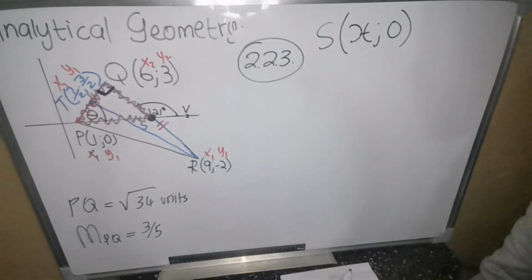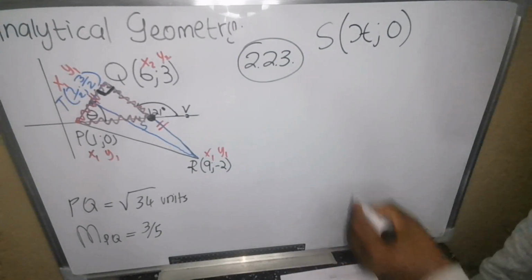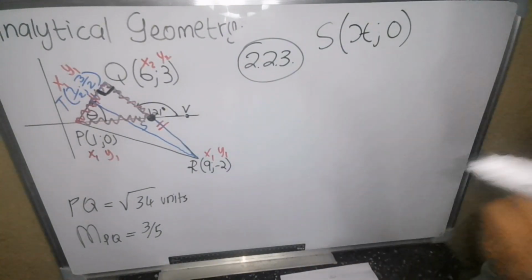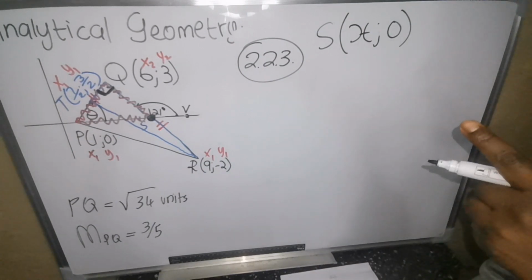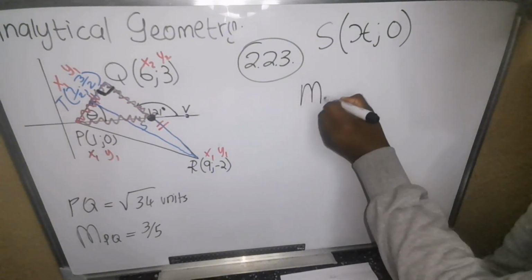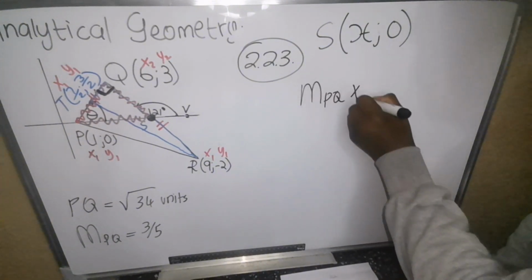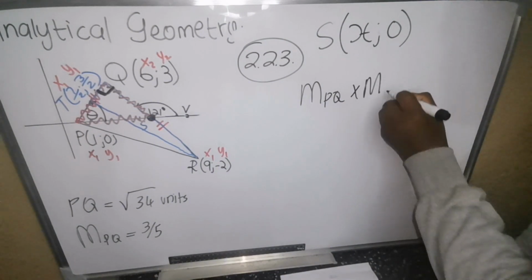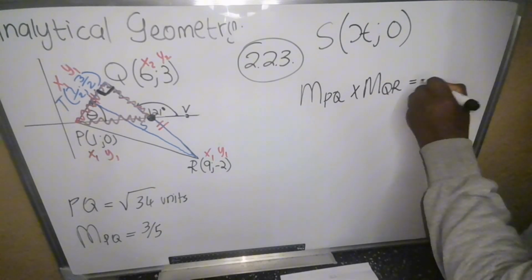If the angle is 90 degrees, then if you multiply the two gradients, they must give you -1. So the gradient of PQ multiplied by the gradient of QR should give us -1.